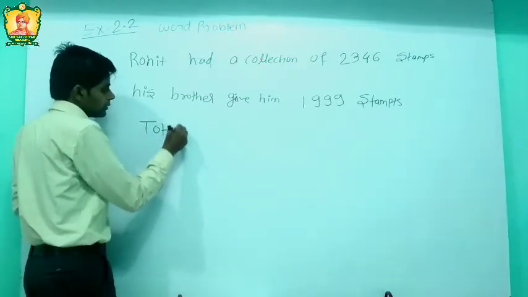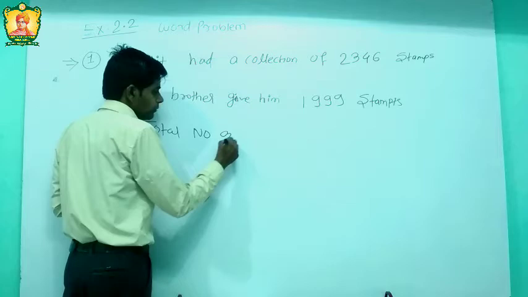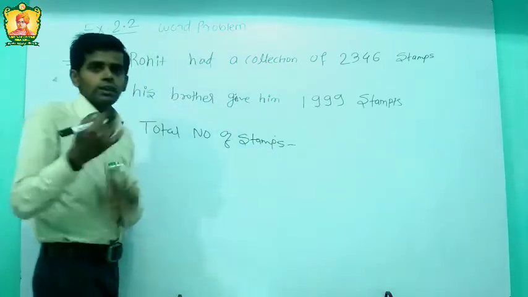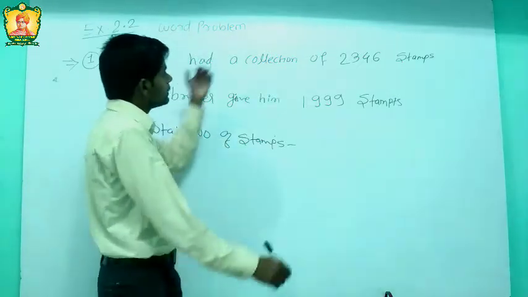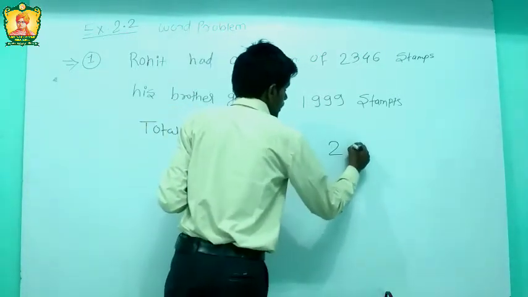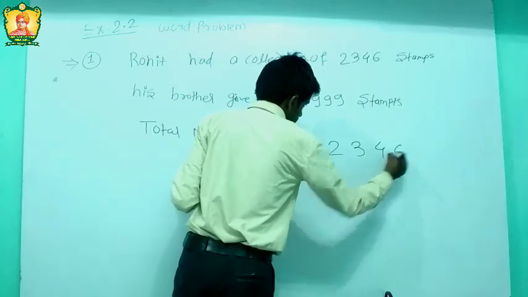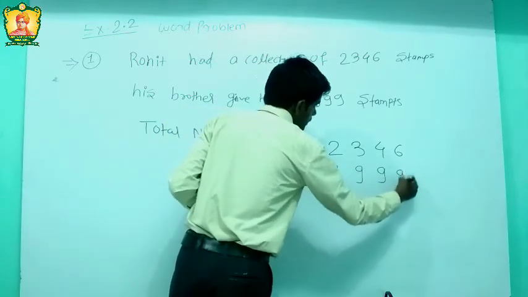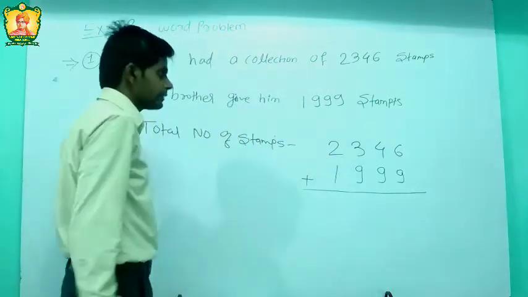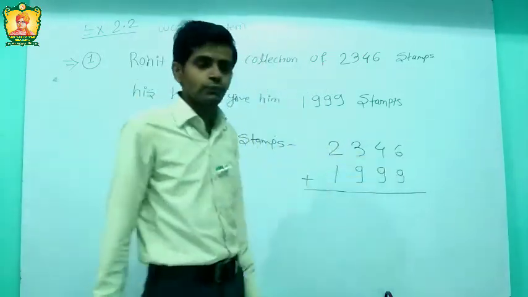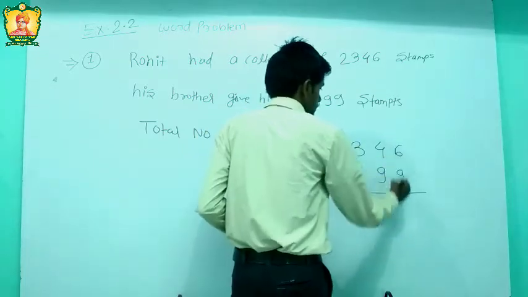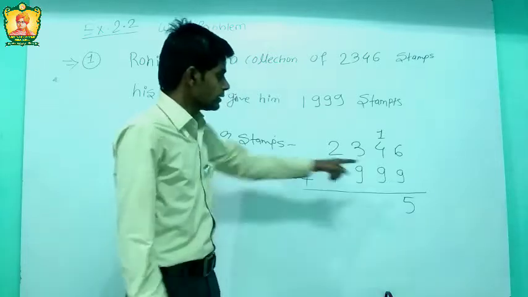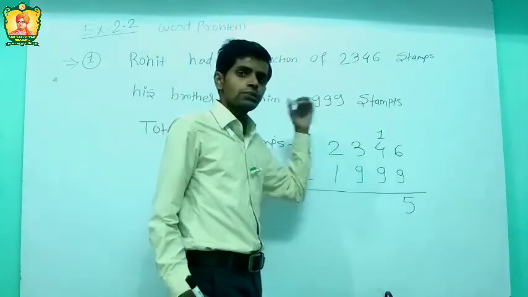The total number of stamps. Altogether, how many stamps are there? So how can we find out? We will add them. 2346 plus 1999. Just add it. 9 plus 6 gives us 15. So I will write 5 here. 1 will be carried forward to the 10th place. 9 plus 1 is 10 and 10 plus 4 gives us 14.